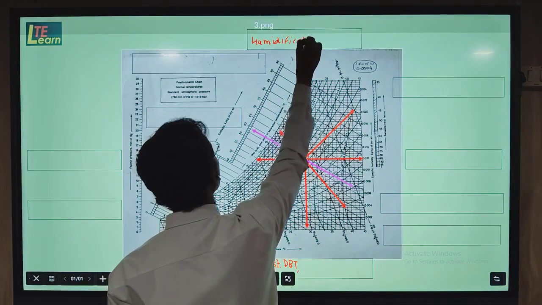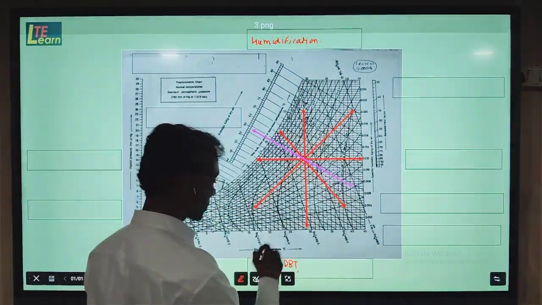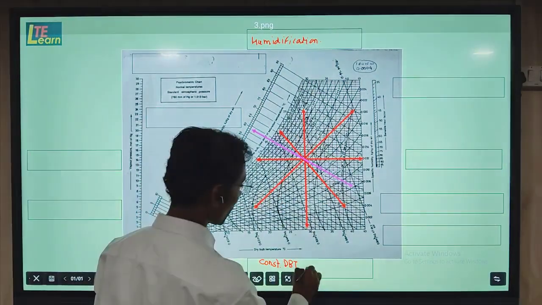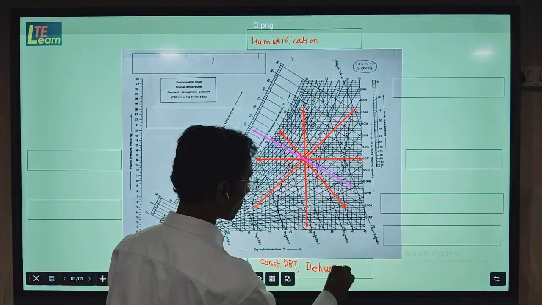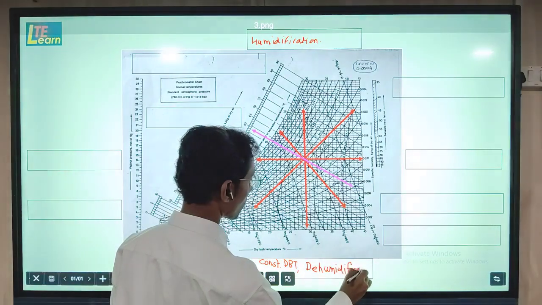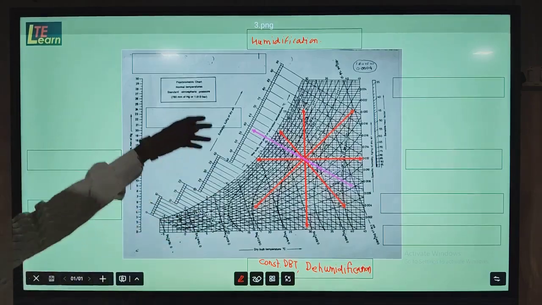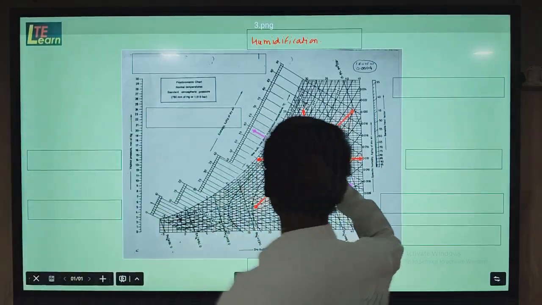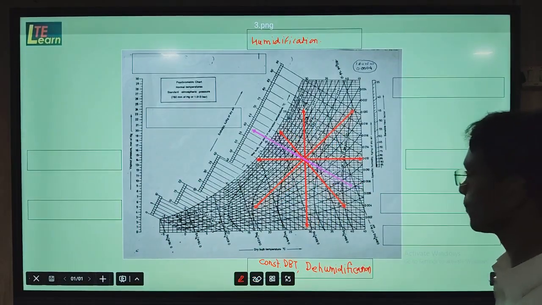And removal of moisture at a constant dry bulb temperature is called the dehumidification process. So these two processes are shown by a vertical line: humidification and dehumidification.